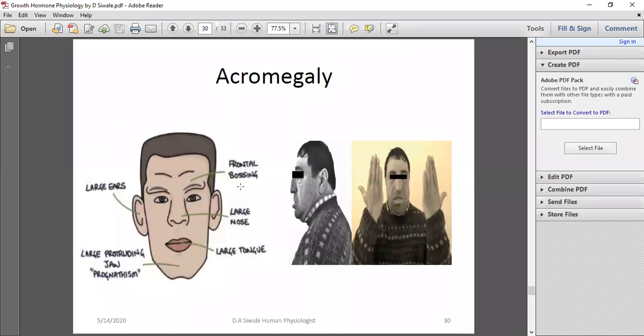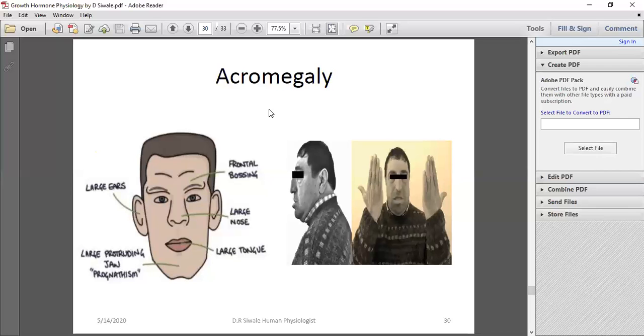This is another diagram showing acromegaly. You can see large ears, large protruding jaw, large tongue, large nose, frontal bossing.